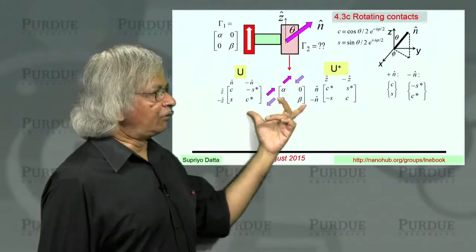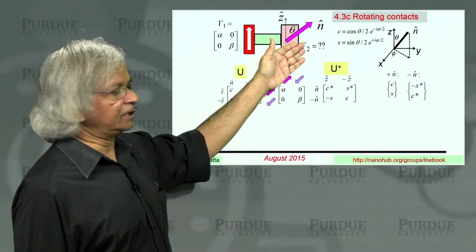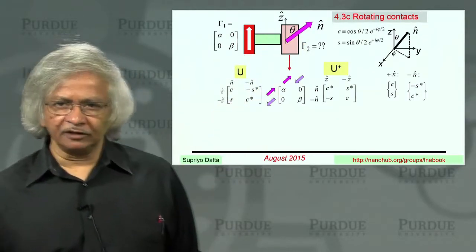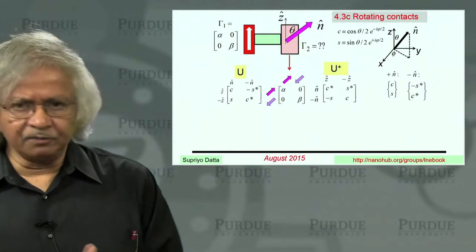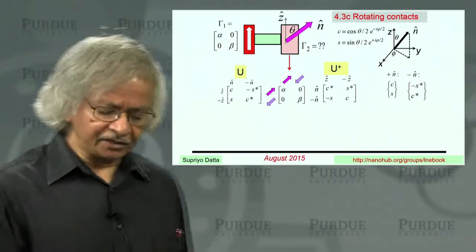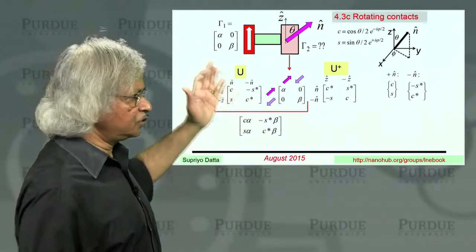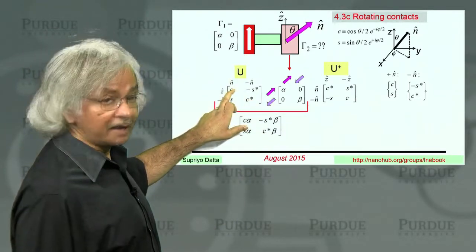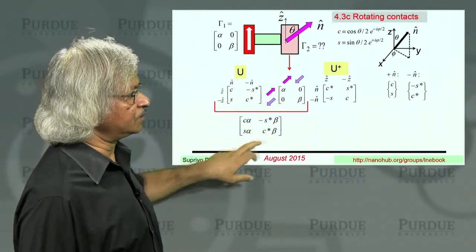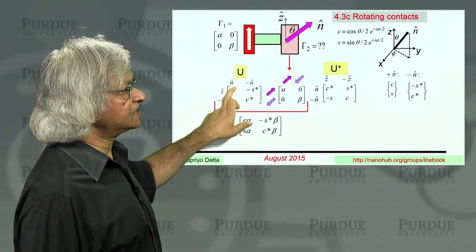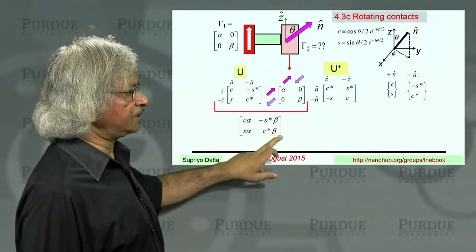Okay. Now, once you have written this, that tells you how to write down gamma 2, and whatever we'll do after this will be just algebra. Multiplying them out, just prettying up the result a little bit, that's all. So if you multiply those two things, by the usual rule of matrix multiplication, it is c times alpha minus s star times 0, so that's c alpha, c times 0 minus s star times beta, that's minus s star beta, and so on.